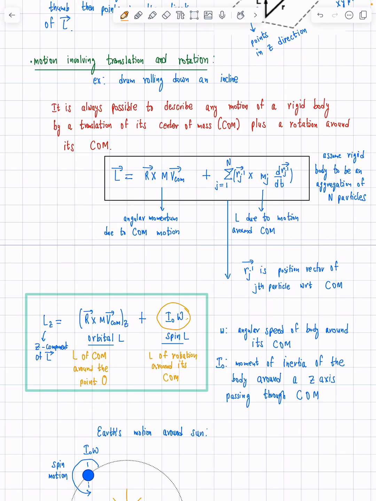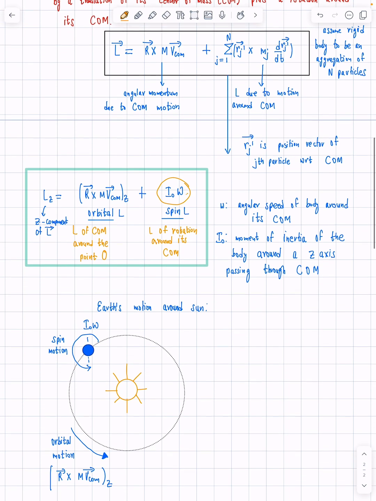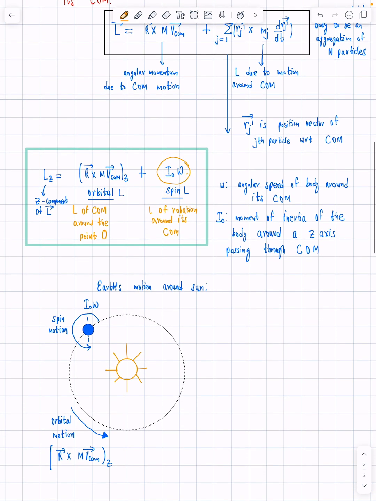The first term is the angular momentum due to center of mass motion. We also call the first term the orbital angular momentum, and the second the spin angular momentum. It is easy to understand this by thinking about the Earth's motion around the sun.